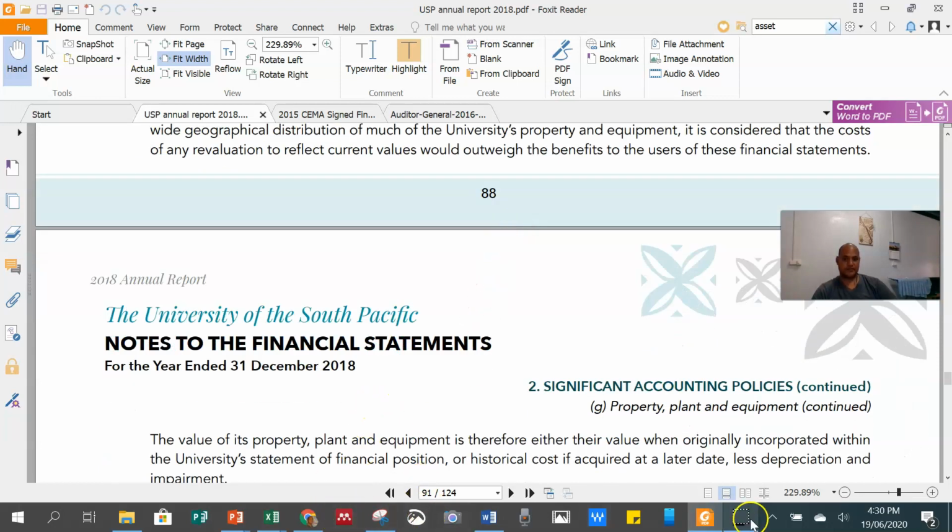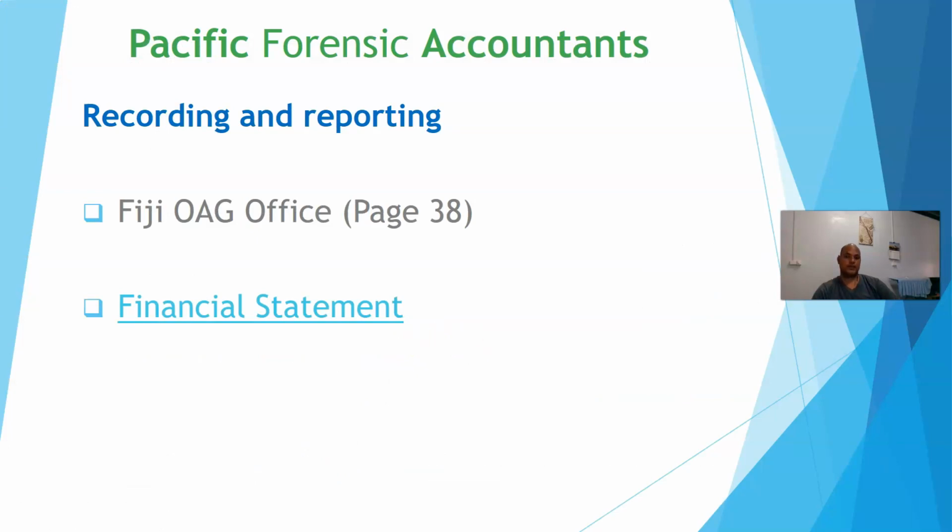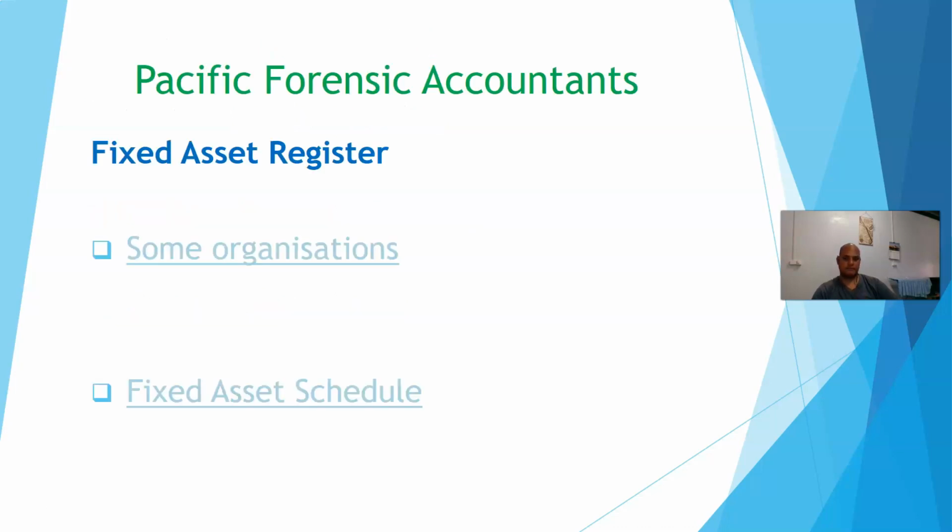So this is one financial statement. The other one is the Office of the Auditor General. If I click into this link, it tells us that under their policy, they will not register any fixed asset. Every asset that they acquire during the year will be expensed, so there will be no fixed asset register. As I said, all policies are valid.